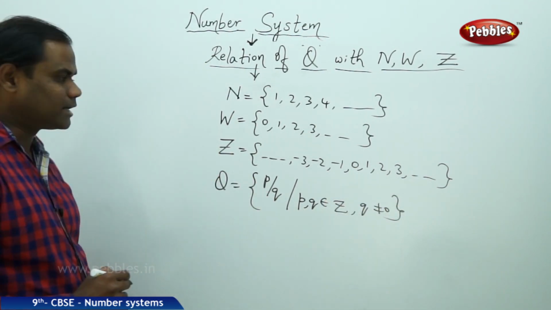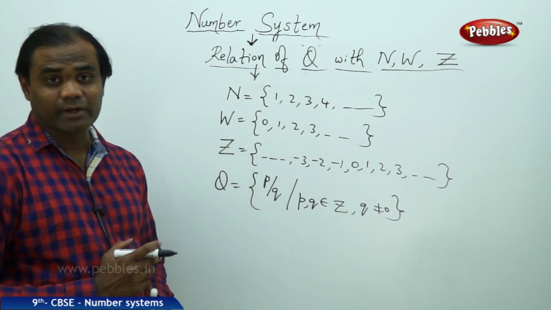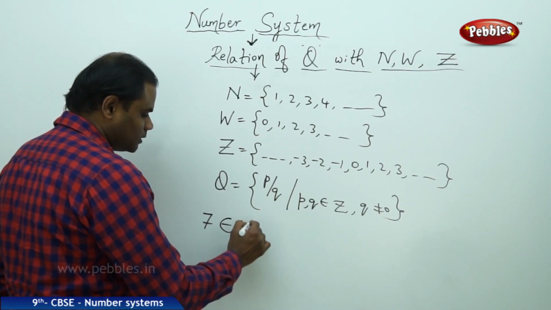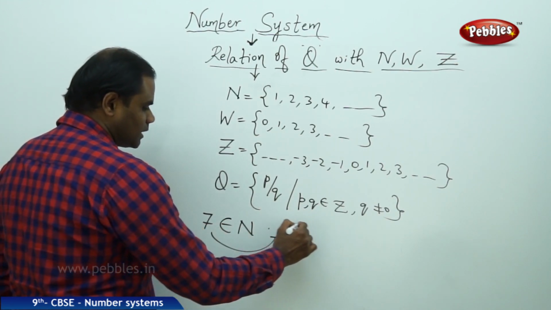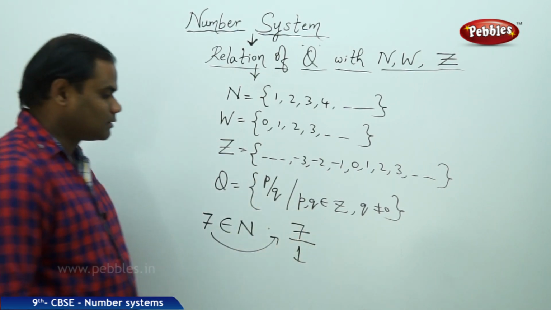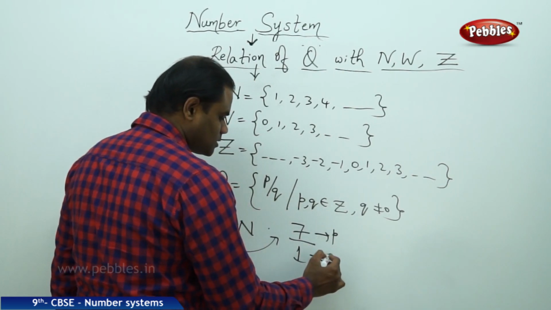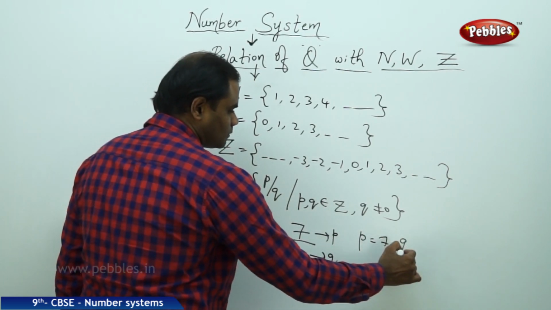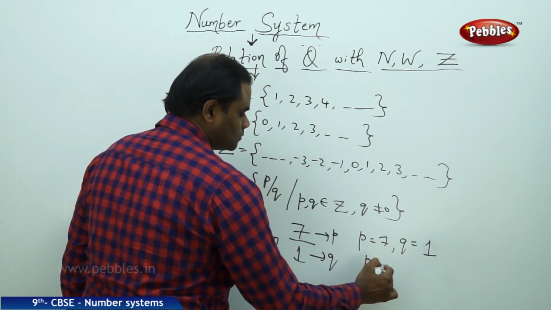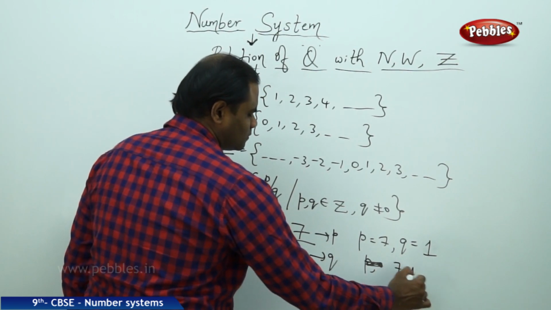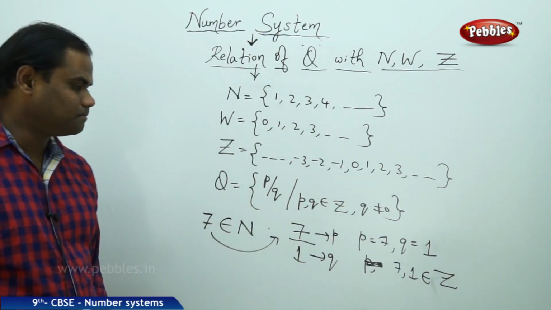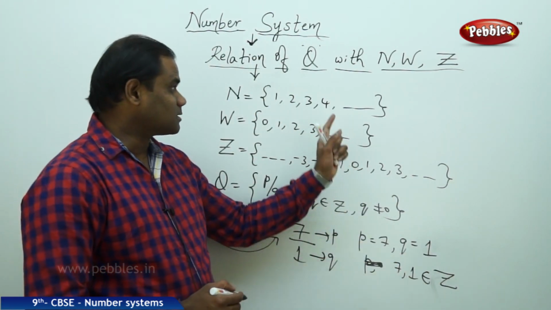So clearly I understand that every natural number is a rational number, because if I take a number 7, which is a natural number, I can equally write this 7 as 7 over 1, which passes through the two tests. That is, this being P and this being Q, my P is 7 and Q is 1, and both 7 and 1 belong to Z, the set of integers, and therefore it passes test number 1.